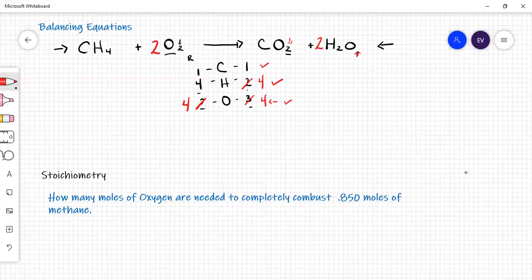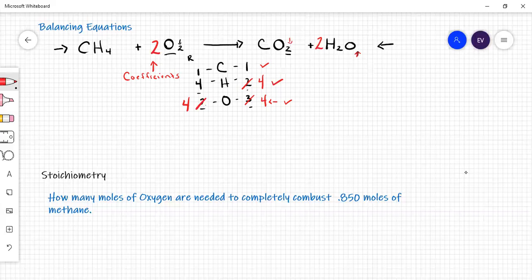If I wanted to rewrite it, it would include these coefficients. This is what I mean when I say coefficient. You can only add coefficients to the beginning of a molecule, and it affects everything in the molecule until you hit another plus sign.